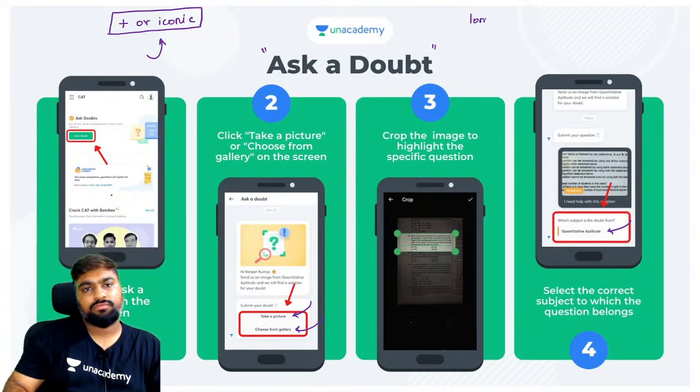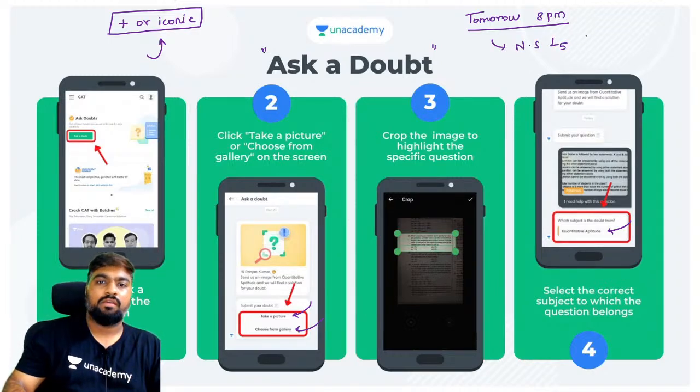Tomorrow at 8 p.m., listen guys, we will be doing the 5th lecture on number system. We'll be starting with remainders tomorrow. Very interesting session. Please be there. Okay, no, sorry, not remainders. We'll be doing factors and multiples tomorrow.